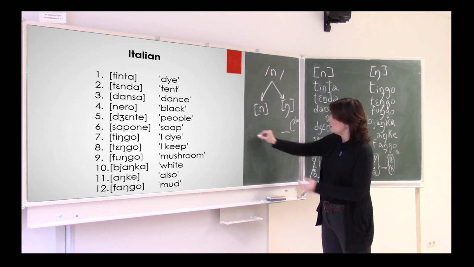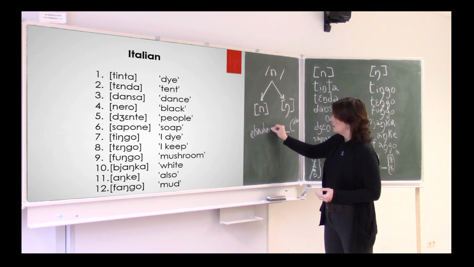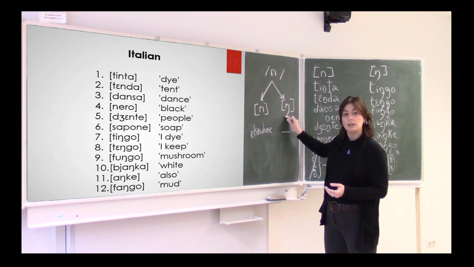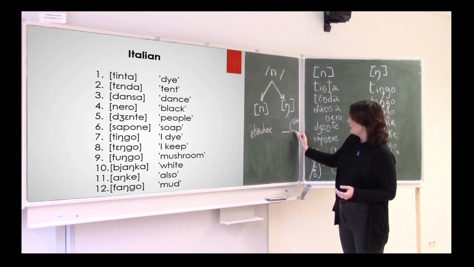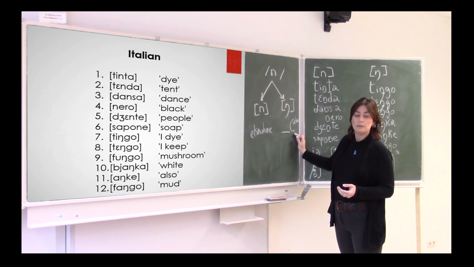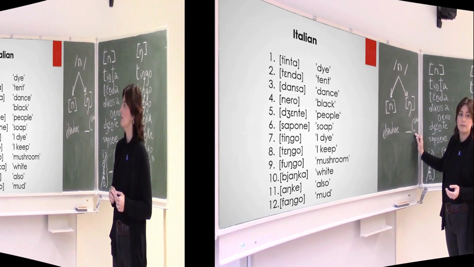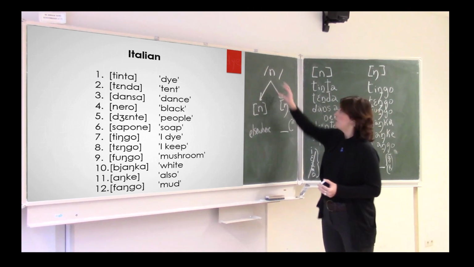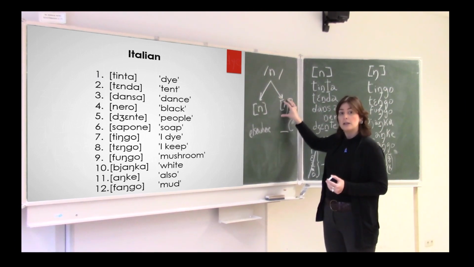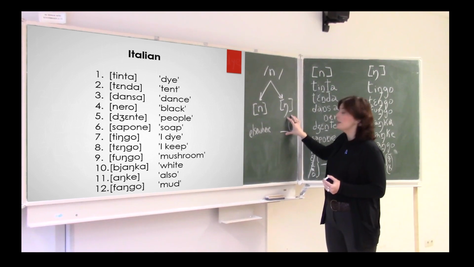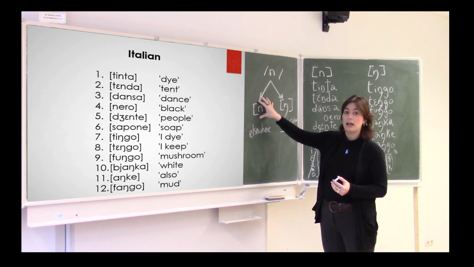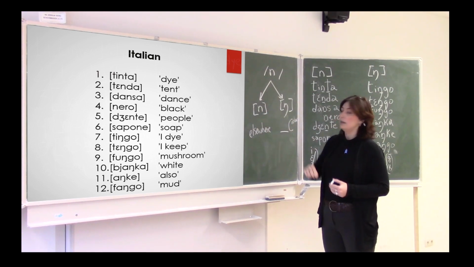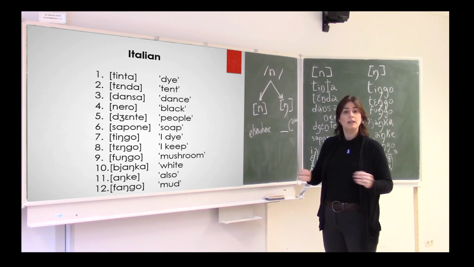I can just say that this one is the elsewhere allophone, and this one will be the allophone that appears whenever there is a velar consonant. So now I have my phoneme, my two allophones, my rule including all of the instances of one of the allophones and excluding all of the instances of the other allophone, and my elsewhere allophone. And I'm done with the problem.